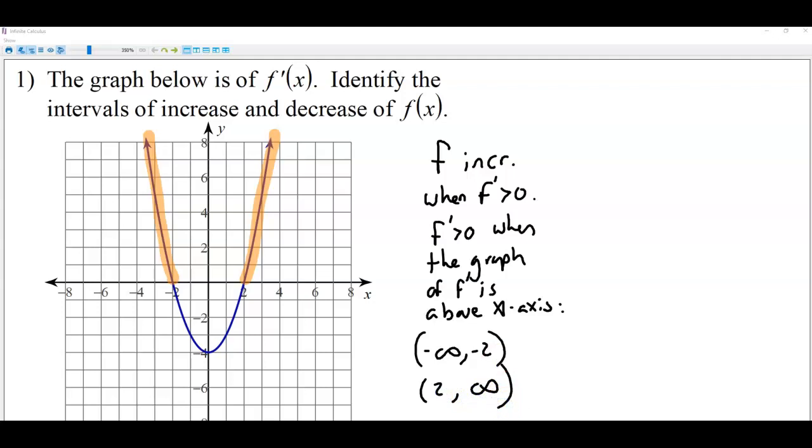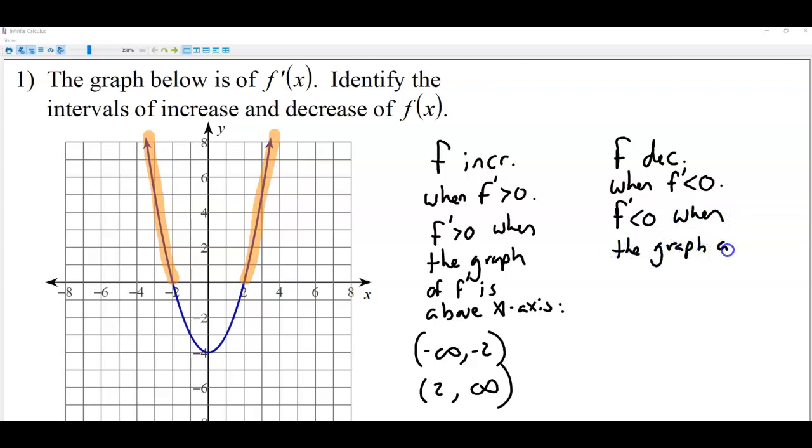The reverse of that is true now. F decreases when f prime is less than 0, and f prime is less than 0 when the graph of f prime is below the x-axis.